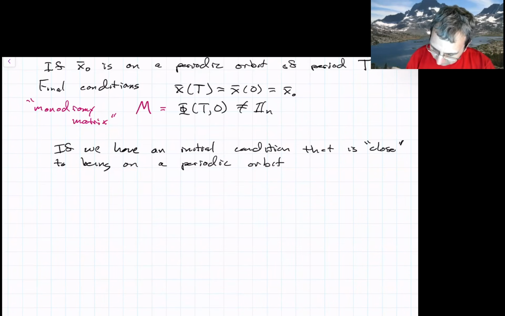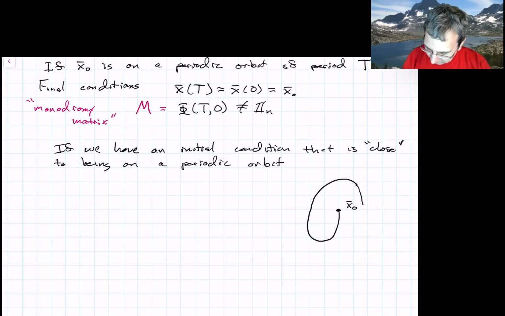So let's say we've got some initial condition, and maybe it goes around and doesn't exactly come back to where we thought. Let me erase that and call this x bar naught. So this would be the displacement after a time capital T. So maybe we have a guess for what we think the period is.